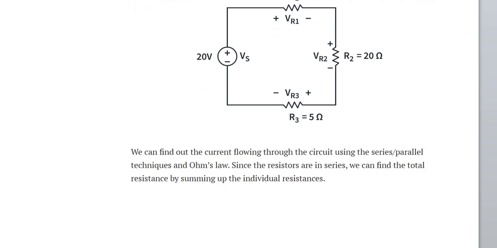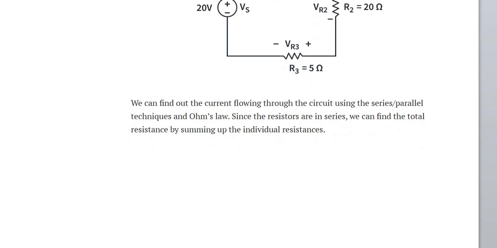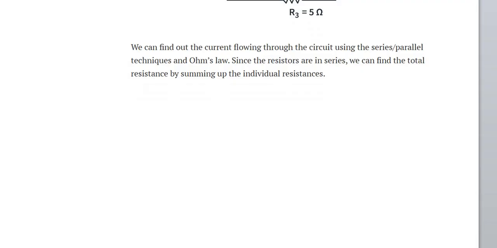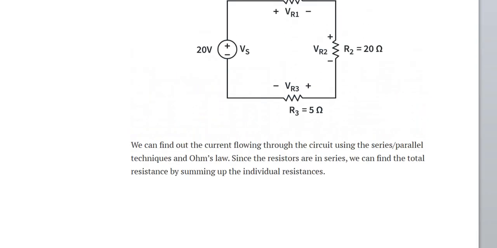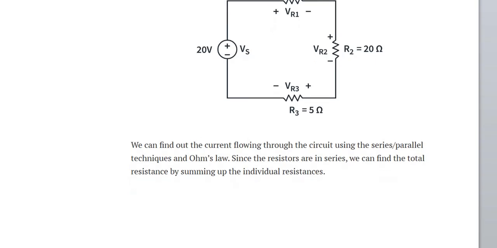We can find out the current flowing through the circuit using the series or parallel techniques and Ohm's law. Since the resistors are in series, we can find the total resistance by summing up the individual resistances of the three, that is 5, 20 and 15. Totally it becomes 40 ohms.